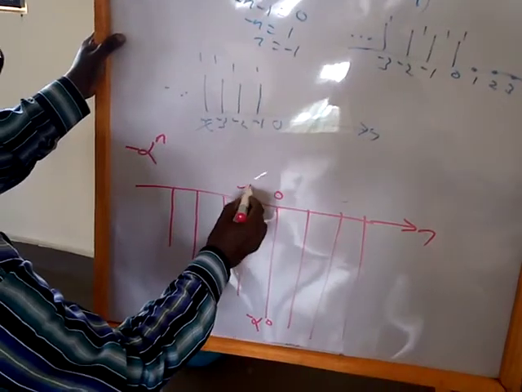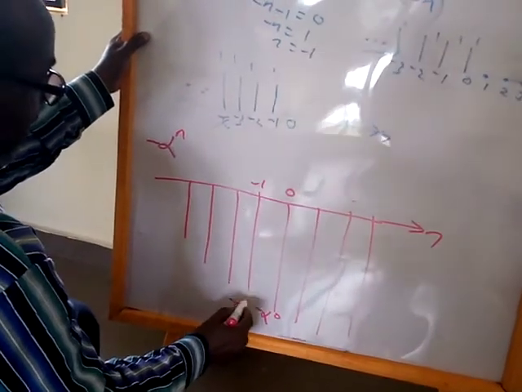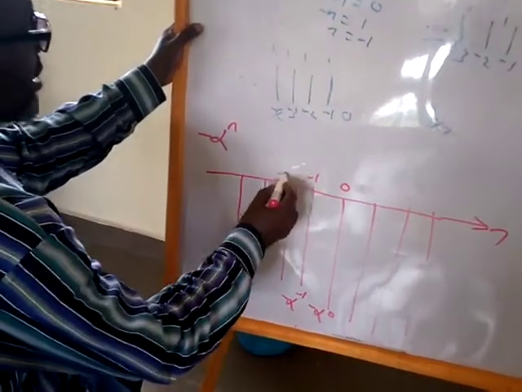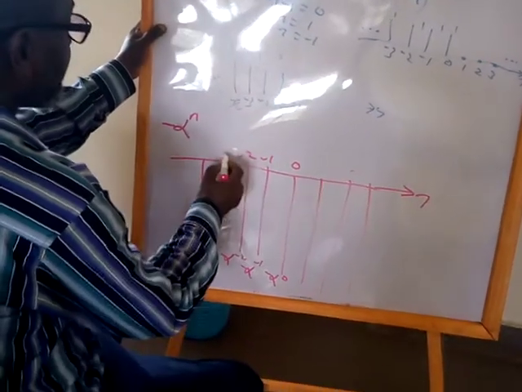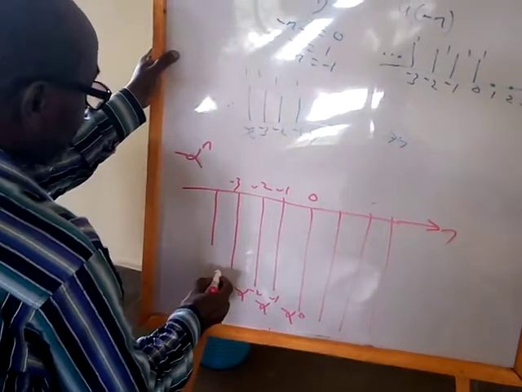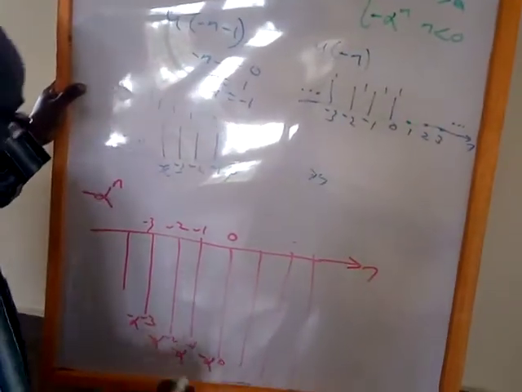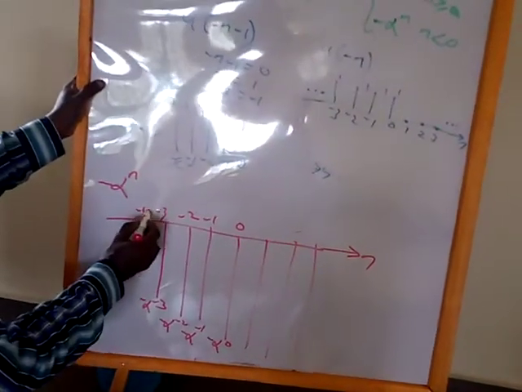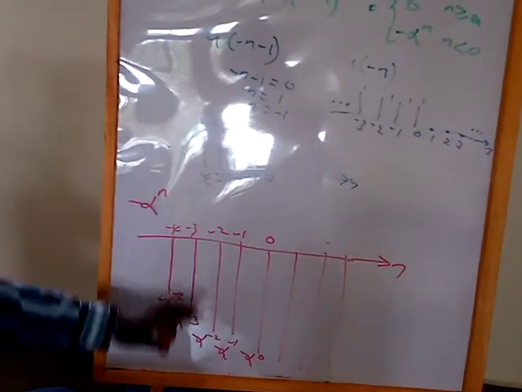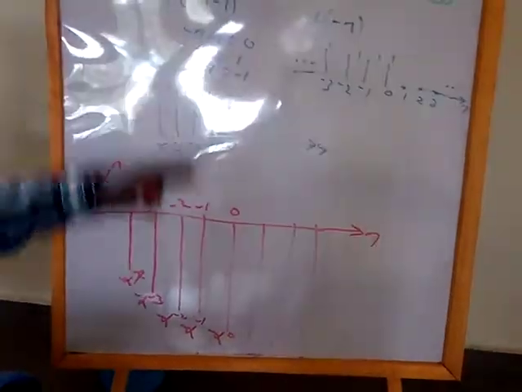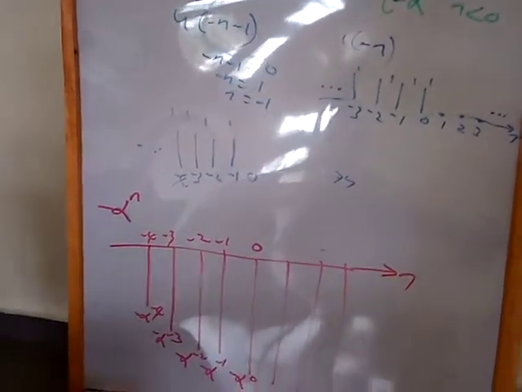If this is minus 1, it will be minus alpha raised to power minus 1. If this is minus 2, it will be minus alpha raised to power minus 2. If this is minus 3, minus alpha raised to power minus 3. If this is minus 4, minus alpha raised to power minus 4. Sorry about the height, I don't bother about the height. I know it's going to be negative, that's why I'm drawing it down.